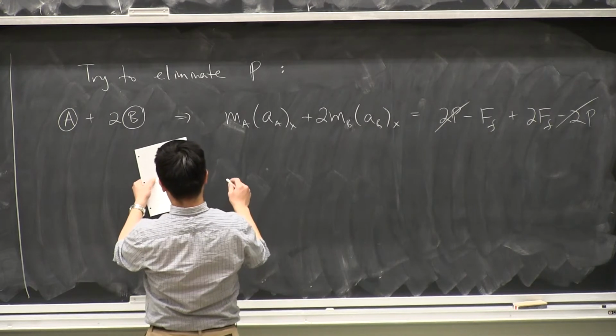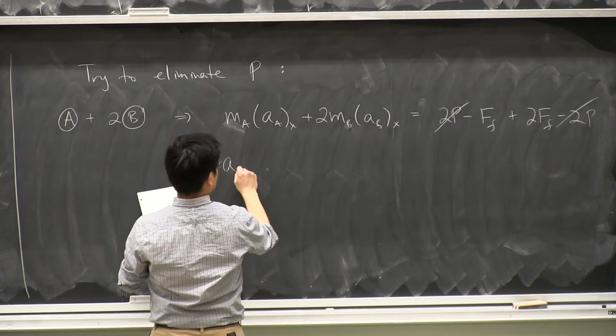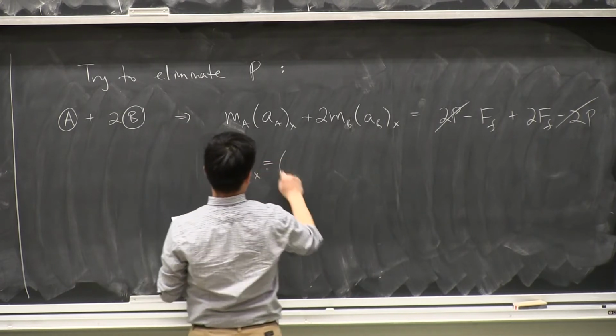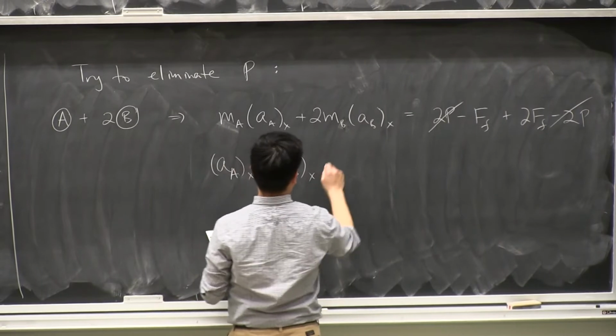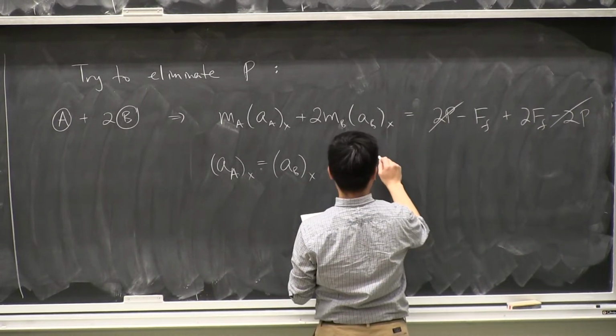And this leaves me with this: AAX is equal to ABX is equal to a single FF.